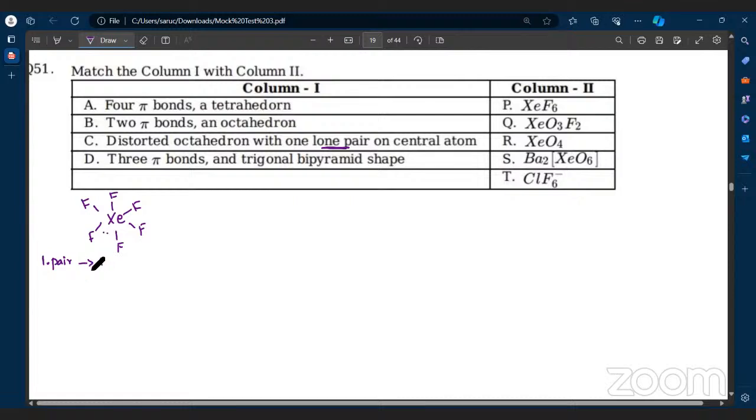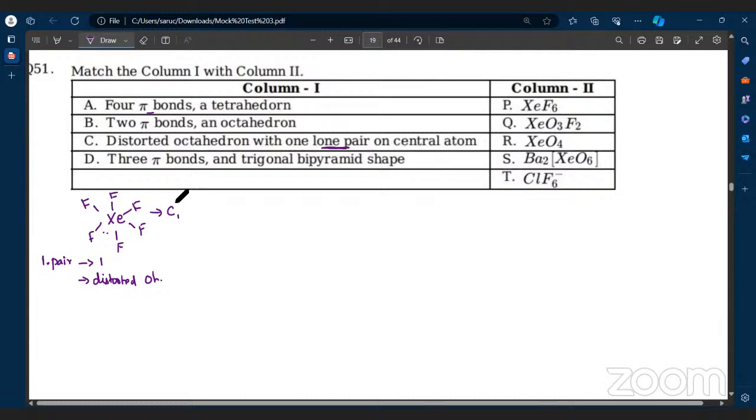So the geometry is going to be a distorted octahedron with one lone pair. So you can match it with option C. And are there any pi bonds? No pi bonds, so I can't match it with any of the other options. So option C is for B.